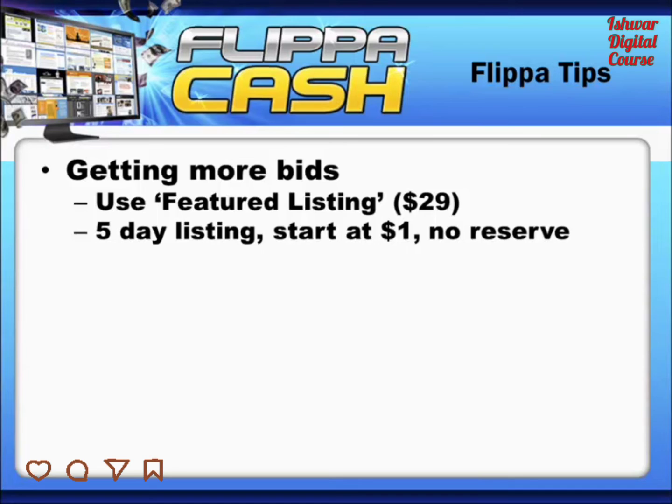Everybody knows about it. So what people usually do is when you list it, you're going to get a lot of bids right away, and they'll go in and approve those bids as soon as they come in. But what you're going to do is a little bit different. When you get that first little flood of bids, you're going to find the lowest one and approve it, and then completely ignore the others for 12 hours.